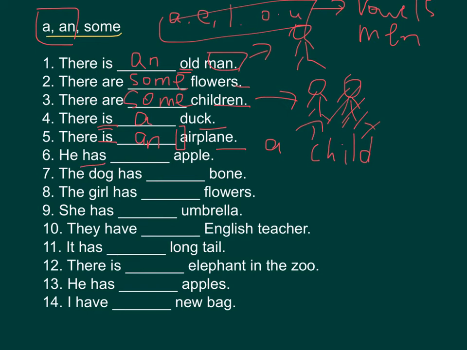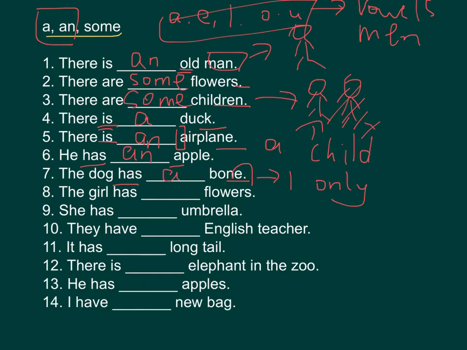Number 6, has apple, an apple. Number 7, the dog has bone. How many bones does the dog have? 1. Why? Because no S here, so it means one only. The dog has one bone only, so we use a bone, right?